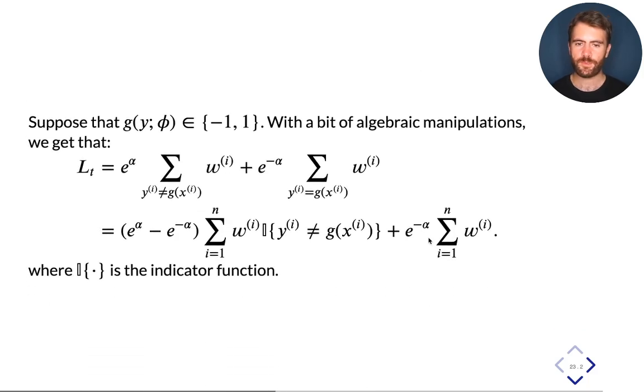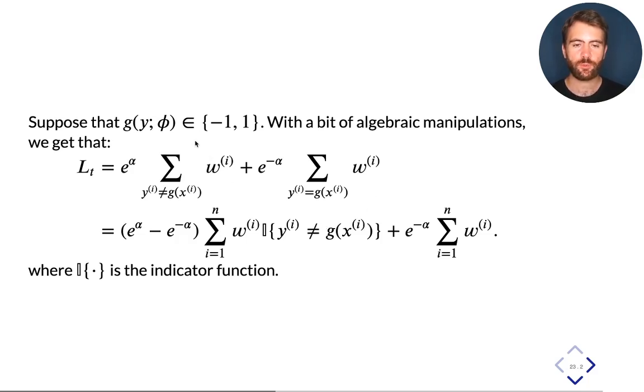This is going to be the only slightly mathematical part of this video, and if you don't follow all these manipulations, it is okay. Just remember the high-level idea that from the above expression, we can derive the AdaBoost update rules, which means that AdaBoost is a special case of forward stage-wise additive modeling.